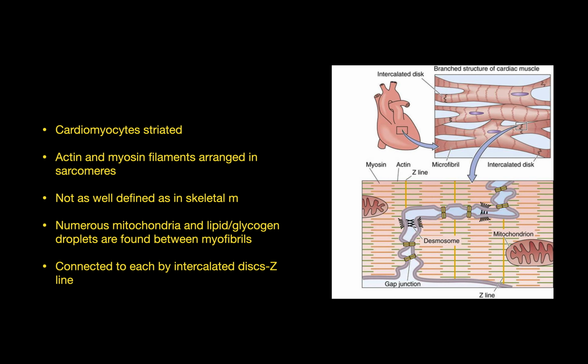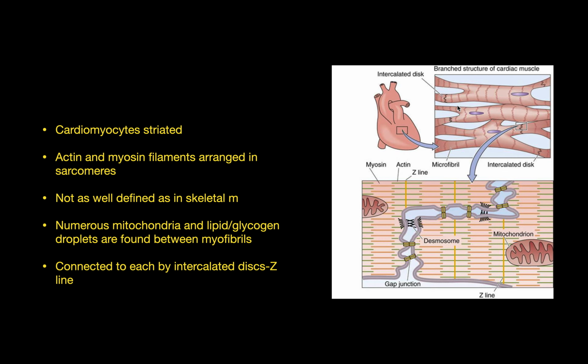The cardiomyocytes are striated, of course, and the actin and myosin filaments are arranged in the sarcomeres. They're not quite as well defined as the skeletal muscles, and numerous mitochondria and lipids and glycogen droplets are found between the myofibrils, like in between these spaces.